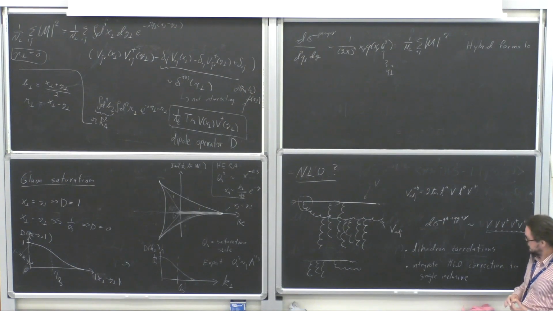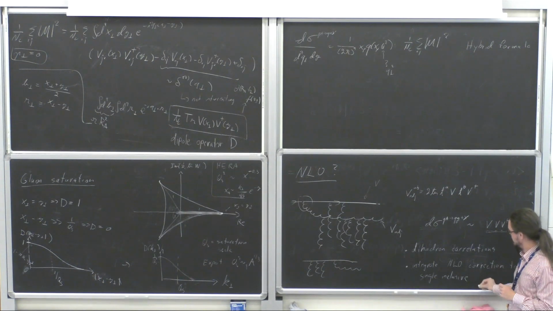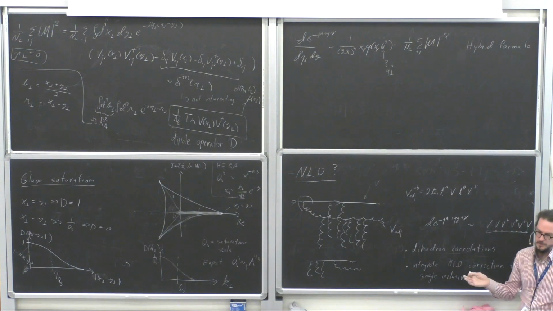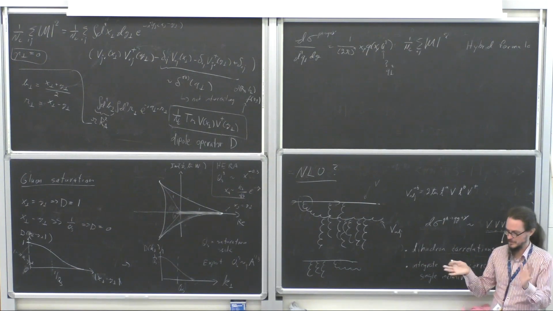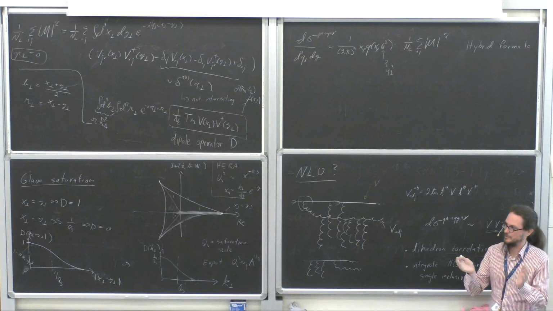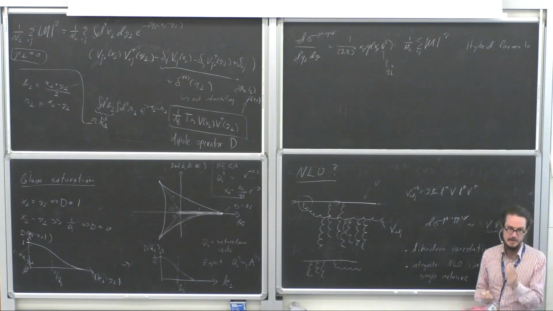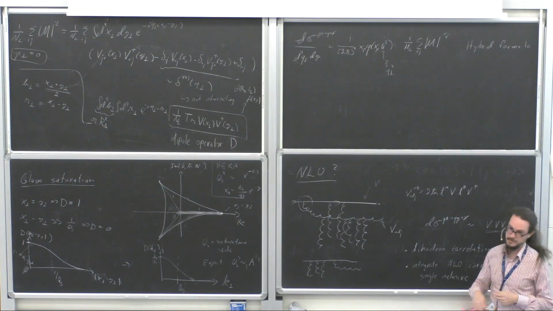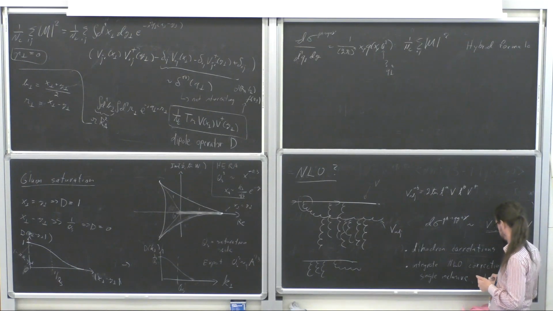Of course, in full generality, you get some complicated equations, and you just evaluate them, and you get some curve, and that's it. There's a particularly important class of these next to leading order corrections: the part that is enhanced by large logs.